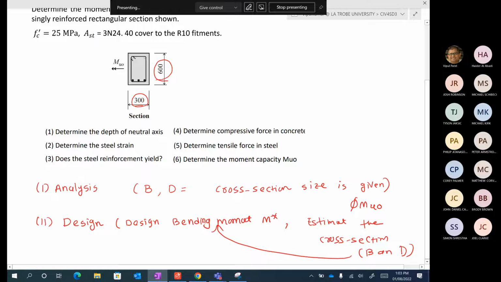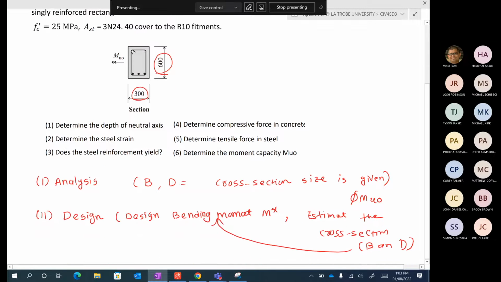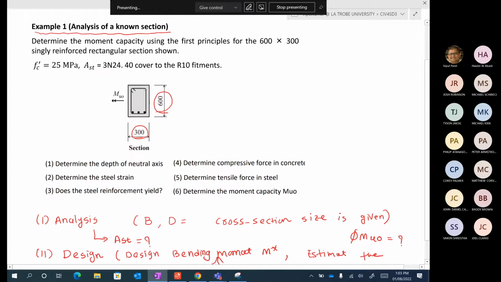So there are two kinds. In the first kind, which we're going to analyze, there is another type as well. You might need to estimate the reinforcement requirements. That might be the question, or in the second part, again you need to estimate the reinforcement. But this is the overall.